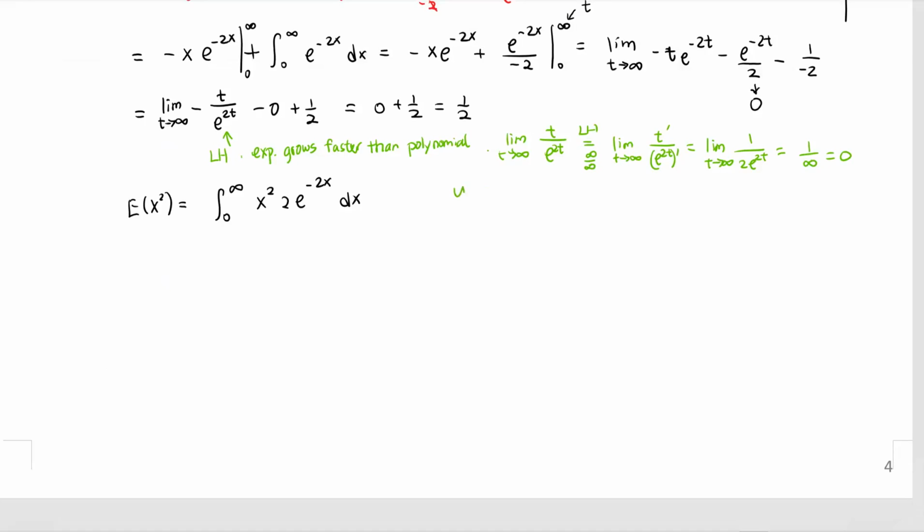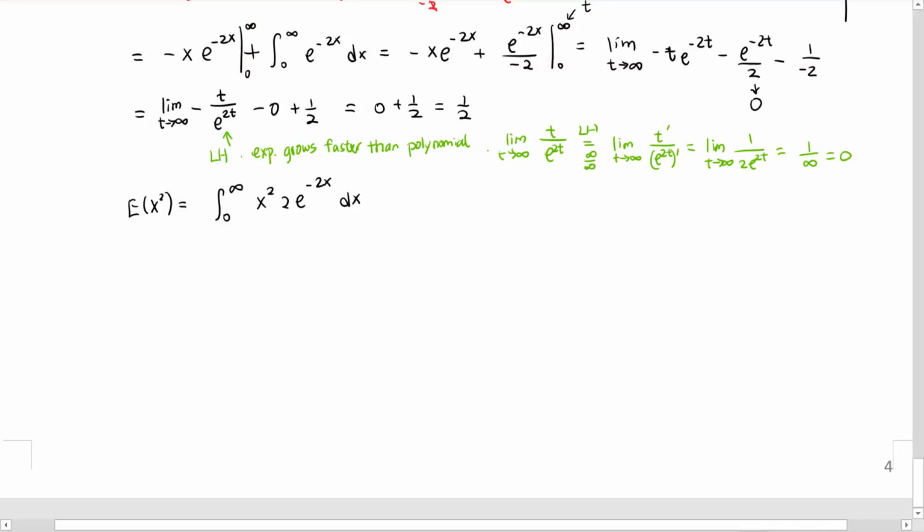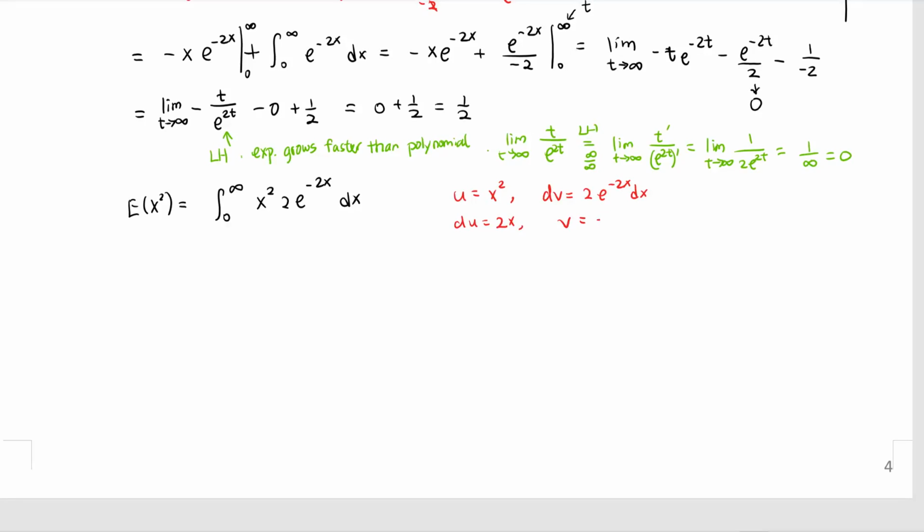Let u be x squared and then keep the rest to be dv. So then du will be 2x, and v is minus e to the minus 2x.